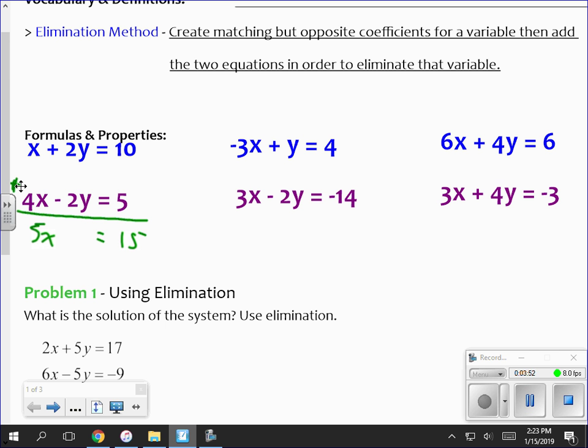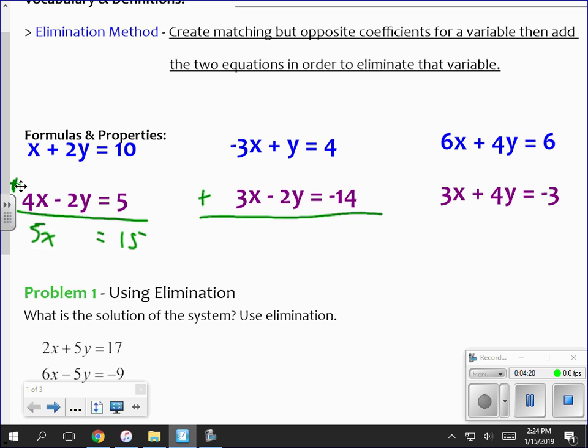Okay, this is what I like about elimination. If I look at the next problem, I have negative 3x and positive 3x. Exactly opposites here. If I add the two equations, negative 3x, positive 3x, no more x's.